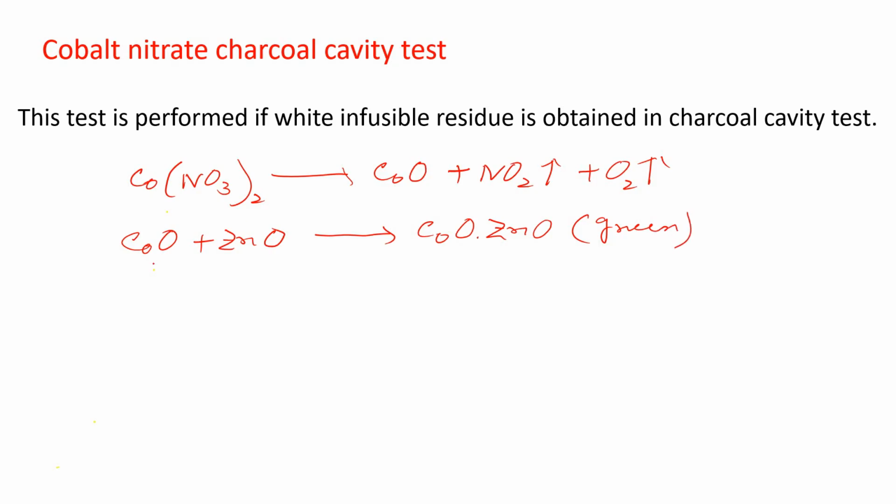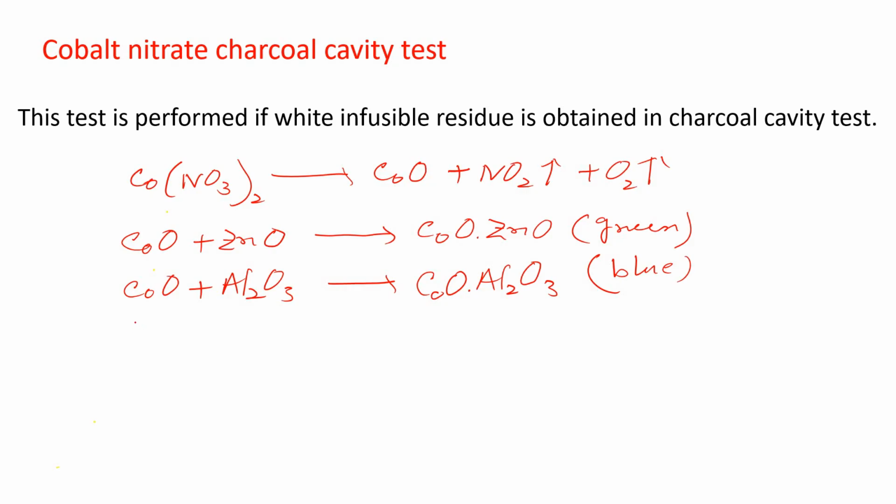Now if you take cobalt oxide plus aluminium oxide, then you will get this compound, cobalt oxide with aluminium oxide, and this color is blue.